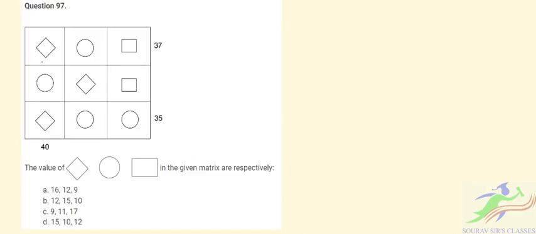Question number 97. This figure is given and the values of these three symbols are given in the matrix. I have to find the value of these. Here you can see that the addition is coming to 40, this is also 35 and this is 37. So let us check the options. Suppose in option A, 16 stands for this.